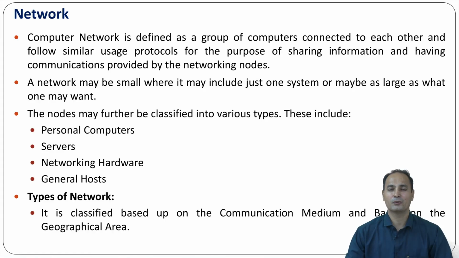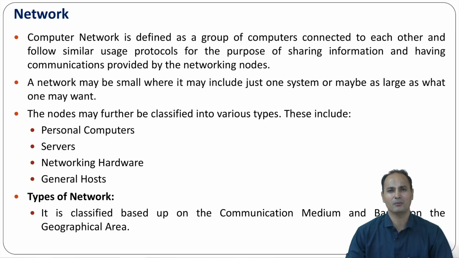So computer network again is defined as a group of computers connected to each other and follows similar kind of protocols for the purpose of sharing information and having communication provided by the networking nodes. A network may be small, where it may include just one system, or maybe as large as what one may want.